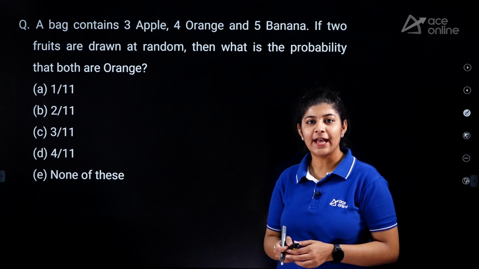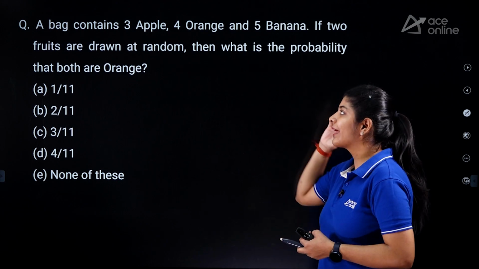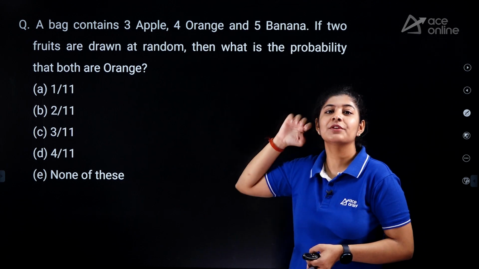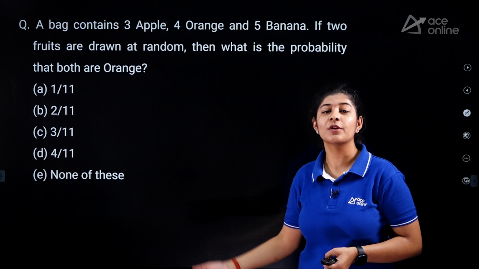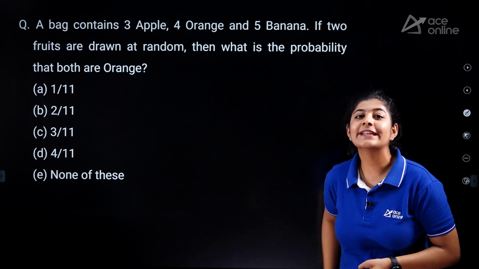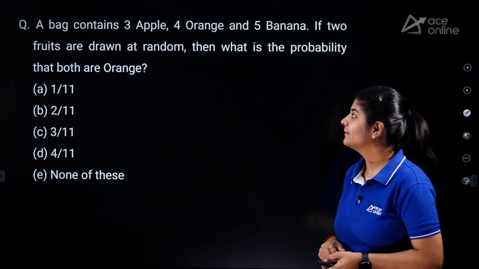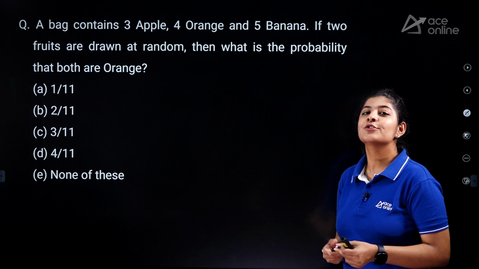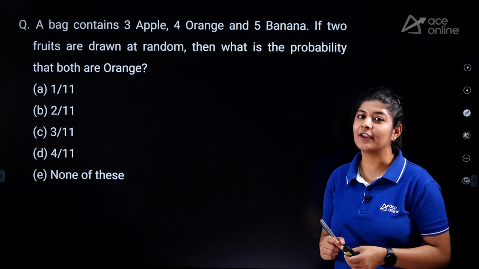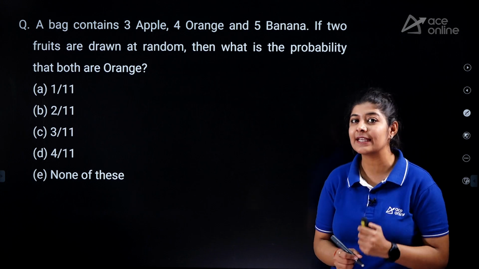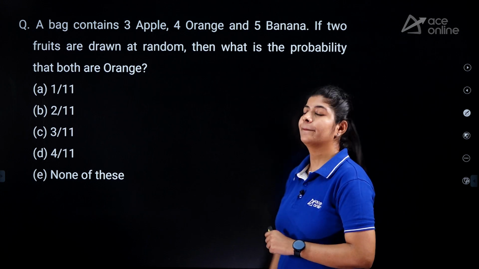Just simply try so that you can able to crack the concept which is used in this particular question, and you are able to solve more and more questions as well, right? And please try to avoid the calculation mistakes, because you are not having any calculator in your examination. So do all your calculation by yourself and try to avoid the calculation, or we can say the silly mistakes in your calculations, right? Okay.